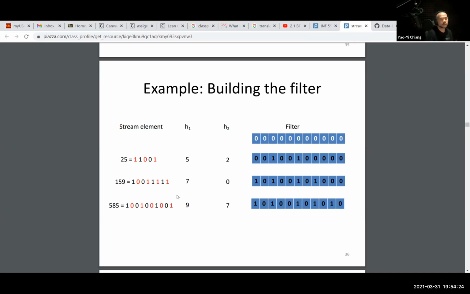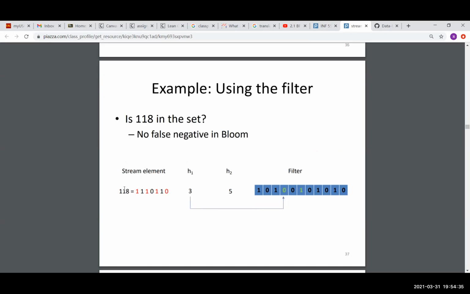Okay. And then after we do this and we get a filter like this, we can check whether 118 is in the set, right? Right. And this is just a true negative.